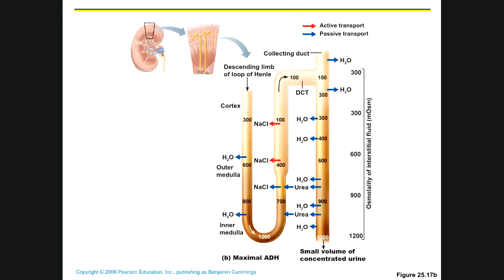So look, with ADH, this is going to be permeable to water. Well, remember, it goes right back through that increasing salt concentration. And as it does so, water is going to come out. The amount of water that comes out is going to be the same as what's out here until the solutes are the same. And so I'm going to save water.